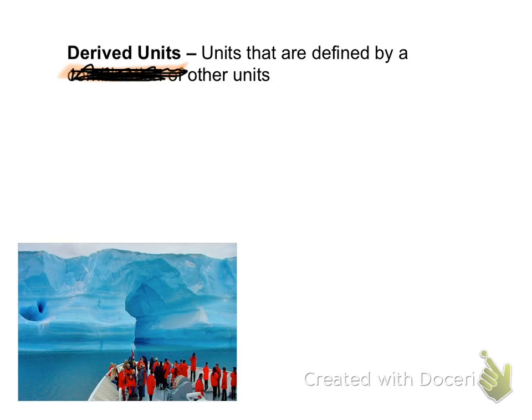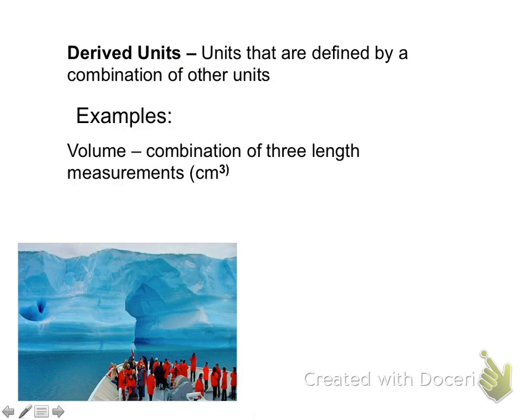So the first good example that I have for you is volume. Now volume is defined by 3 length measurements. If you were going to measure, for example, the sides of your desk, the volume of your desk, you do length times width times height.